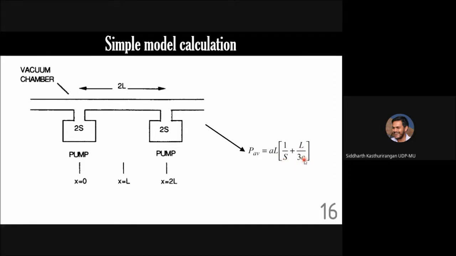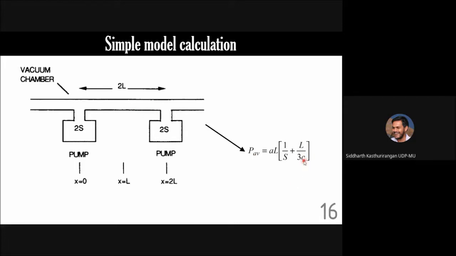Okay, so the other possibility is to reduce the length between the pumps. With these two parameters in hand, that is the length and the pumping speed, and the conductance also depends on the cross sectional area. So you can increase the cross sectional area, but sometimes that is not possible because of other design constraints of the accelerator.